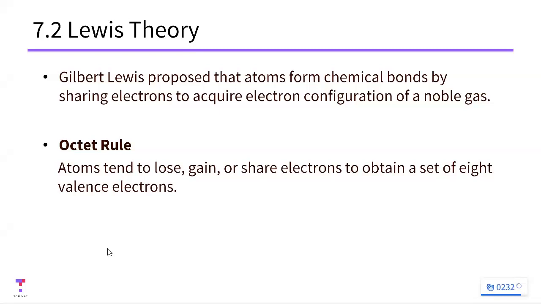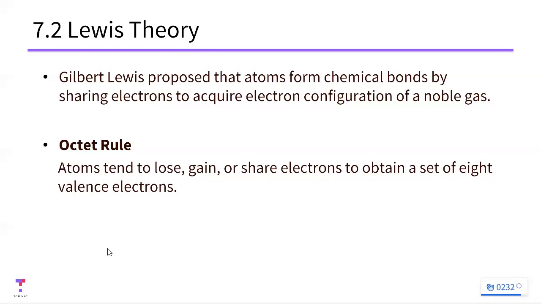So the whole purpose of bonding is to take however many valence electrons I have and turn that into 8 valence electrons one way or the other. And there are 3 primary ways that you can go there. You can gain electrons, you can lose electrons, or you can share electrons.